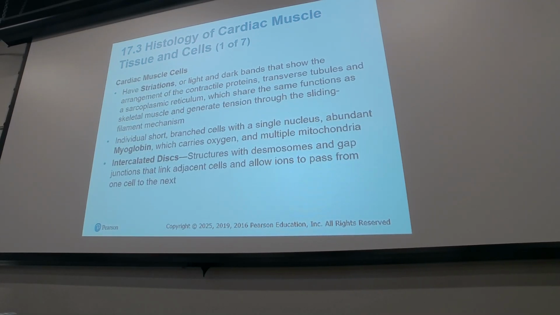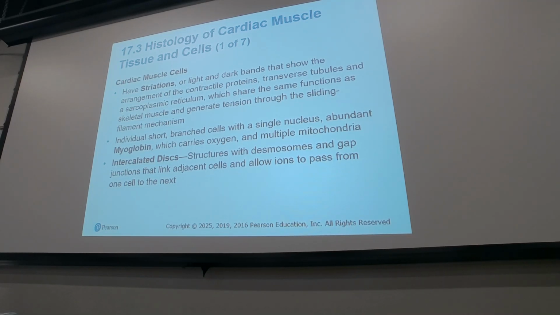Now, histology of the heart muscle. A heart muscle is different from a skeletal muscle. It has cylindrical shaped cells just as a skeletal muscle, but these cells are shorter and they branch. In skeletal muscle, the cells are longer and they don't branch. In the heart muscle, we have one nucleus per cell.